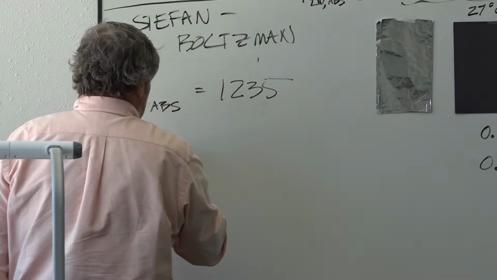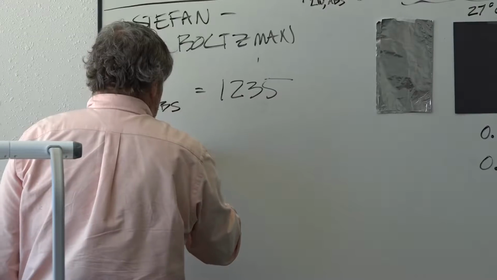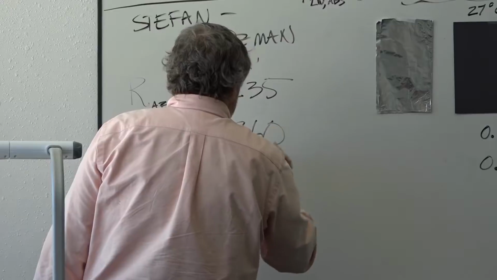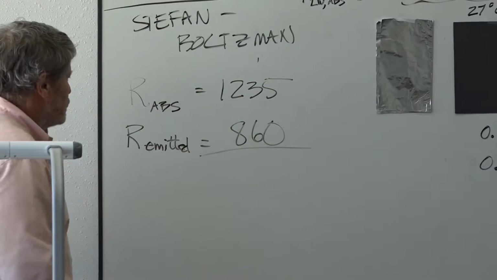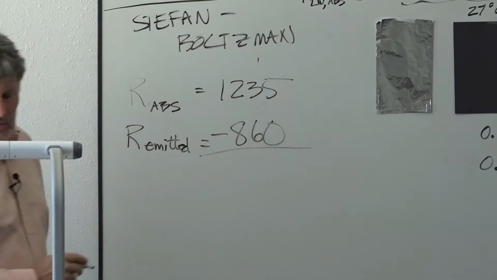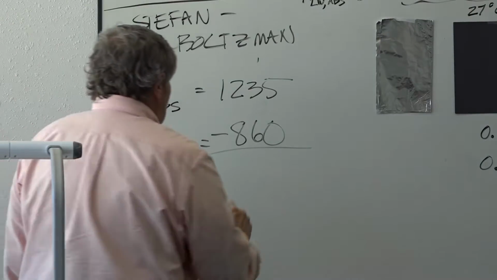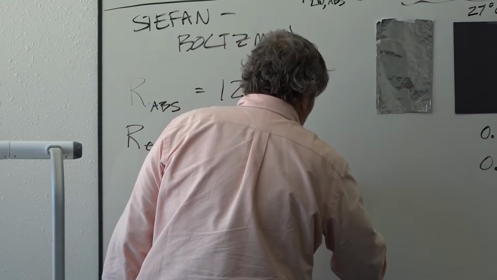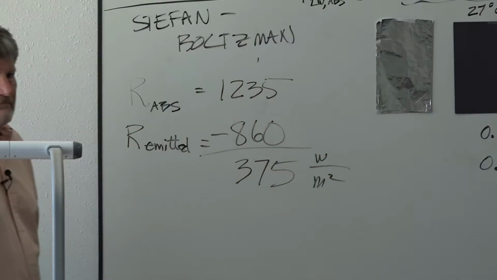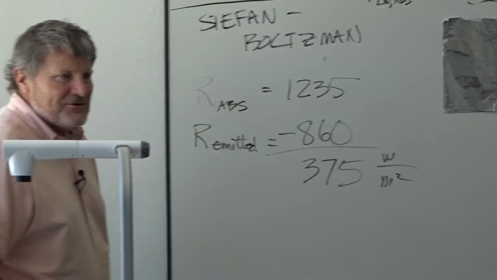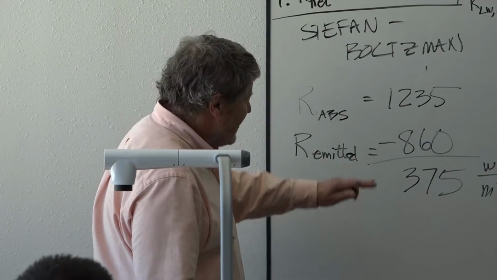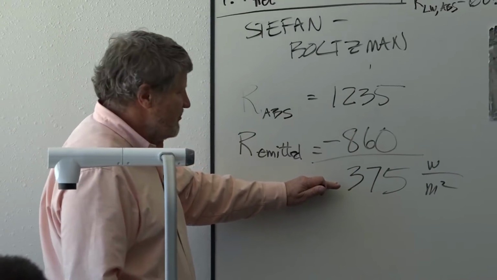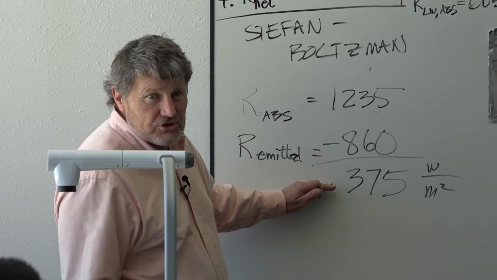Radiation emitted, 860. And this is out, so we subtract it, 375 watts per meter squared. And that's the final answer, no other add-ons. This is how much water that leaf has to evaporate to stay at air temperature.